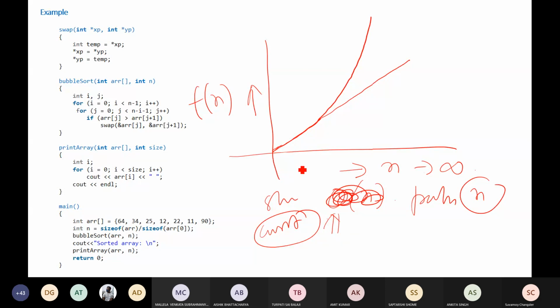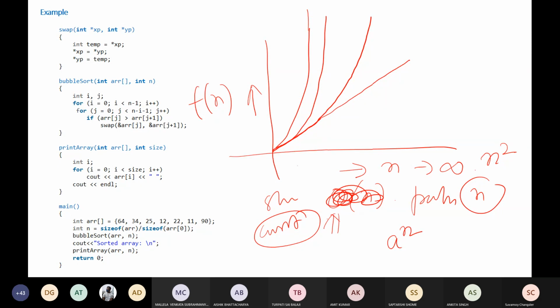So whenever you are increasing the n, after a few executions it will go on increasing in this way. If it is n square, okay, and if it is exponential, say the time complexity is a to the power n, then immediately it will increase almost parallel to the y-axis, so a high value.